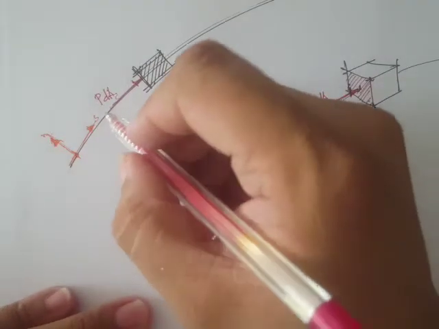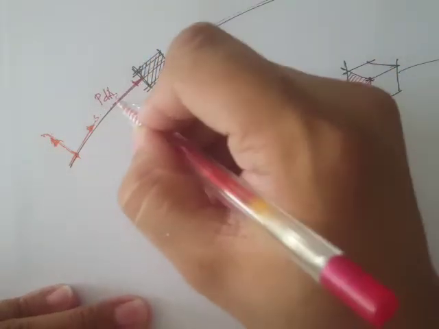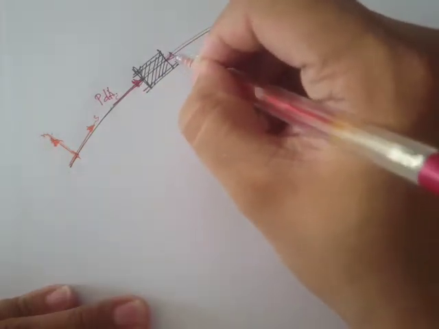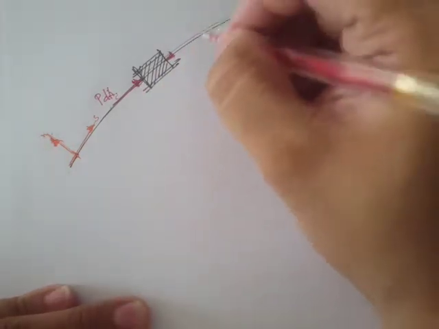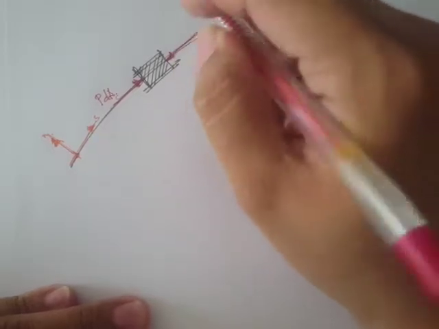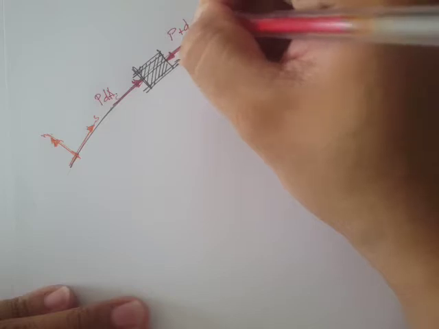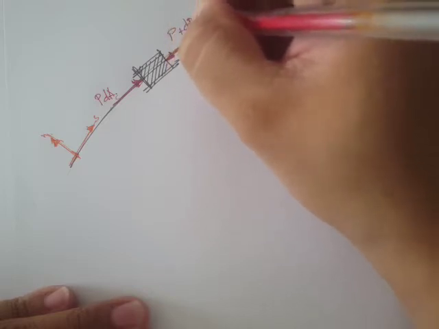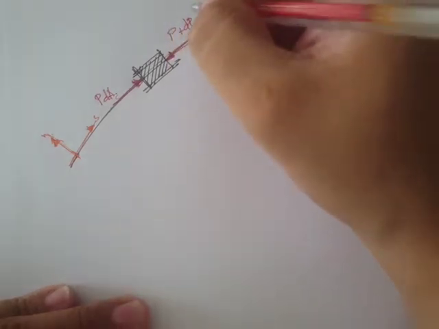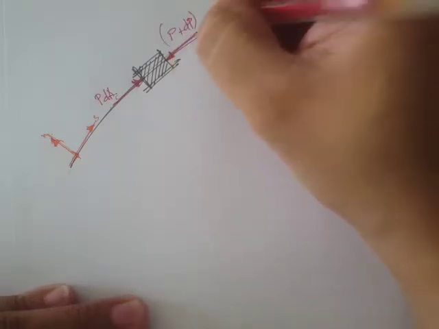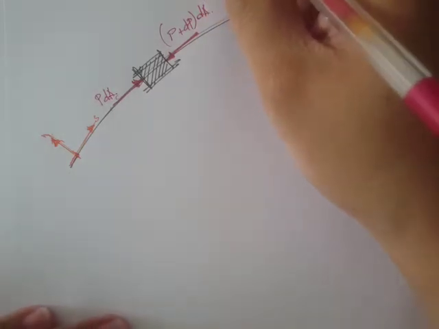Okay, so we have a pressure times the area in this side, and at the other side we'll also have a pressure, except that let's say P plus dP, should there be any changes or difference in the pressure, times the differential area.